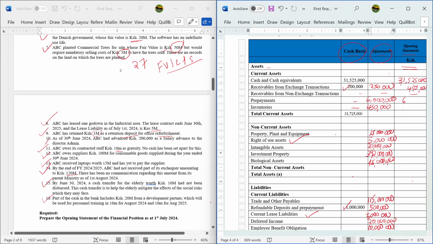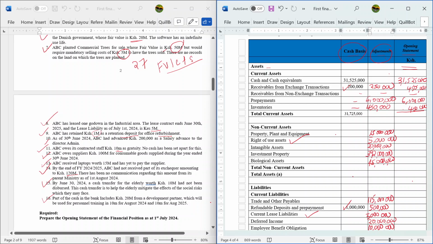How much is our prepayment? It is 6 million. Our prepayment is 6 million. How much is our inventory? 450,000. So let us total our current assets. 31,525,000 plus 450,000 plus 6 million plus 450,000.